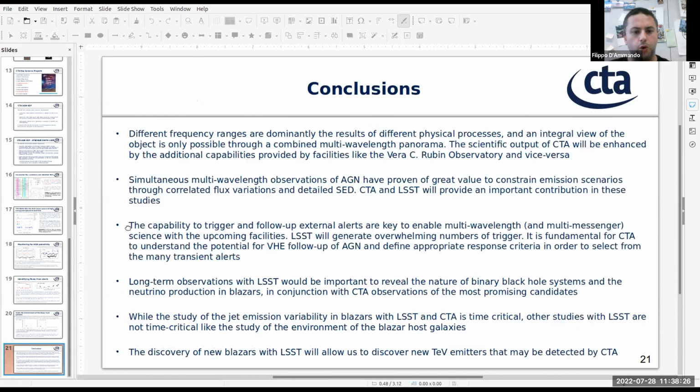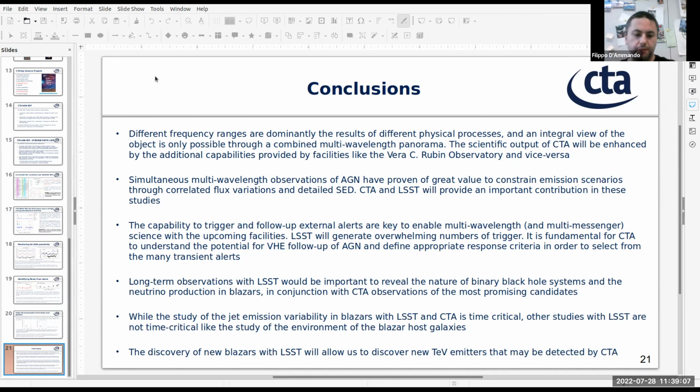So to conclude, I think that I've shown that, of course, it's important to put together information at different frequencies. And of course, simultaneous observation should be the best, at least for variability studies and to build up detailed SEDs. But long-term observation with LSST can be very, very important to reveal the nature of variable sources, neutrino production in blazars, also in conjunction with the CTA observation of the most promising candidates.